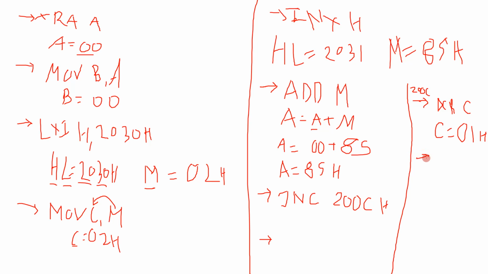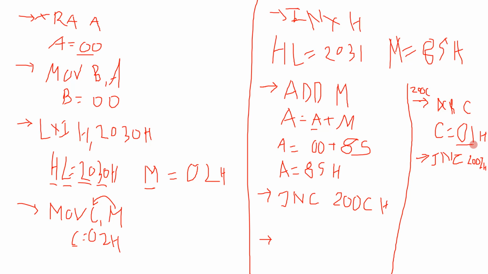Next instruction is JNZ 2007. When answer is not 0, then jump to location 2007.